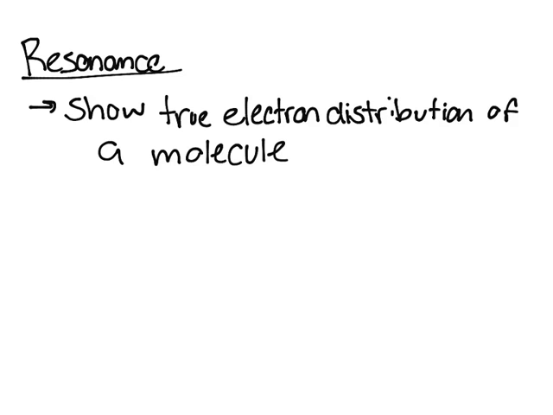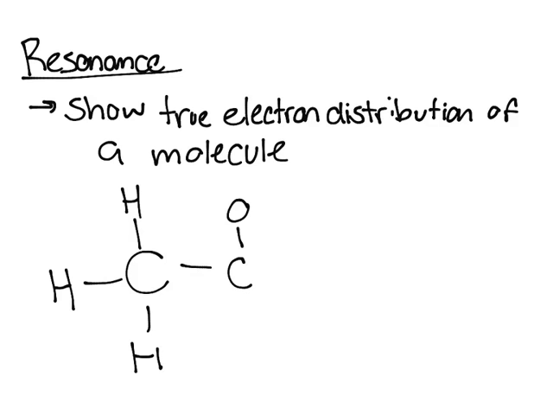And so let's do an example. So you have this, with a negative charge on the oxygen. And so as you can see, these oxygens don't look like they're equivalent drawn like this.